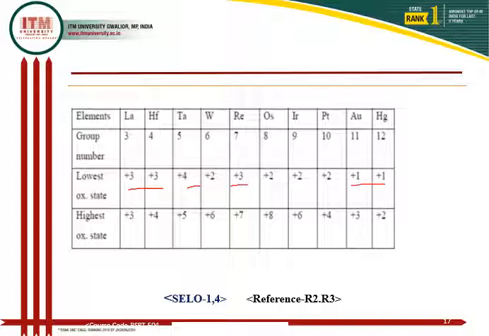And for the highest oxidation state, you can see it goes according to the group number up to the middle one, like up to osmium. So it is equal to the group number, that is +3, +4, +5 the maximum, +6, +7 and +8, likewise in the second transition series.